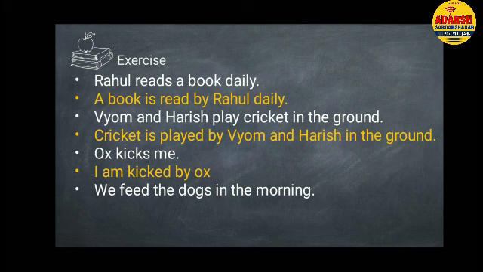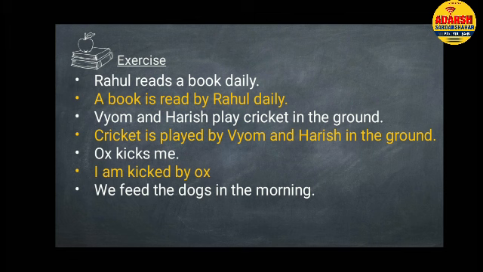We feed the dogs in the morning. Here, we is our subject and verb is feed while the dogs is the object. So, here let us replace subject with object and object with subject.